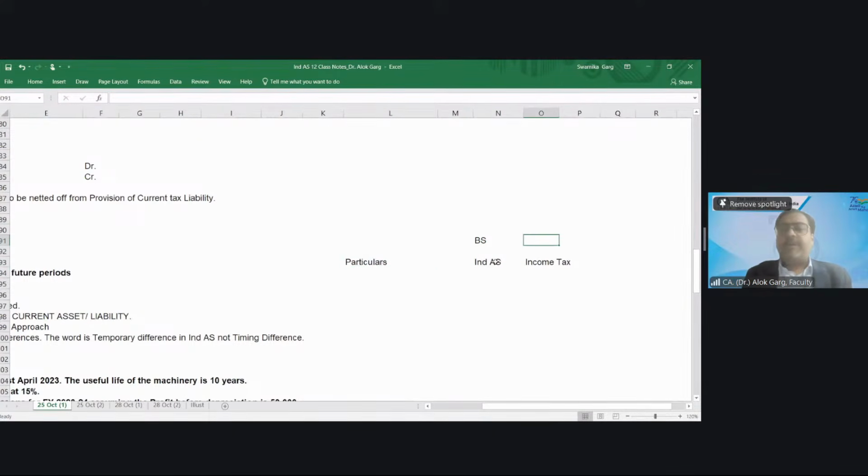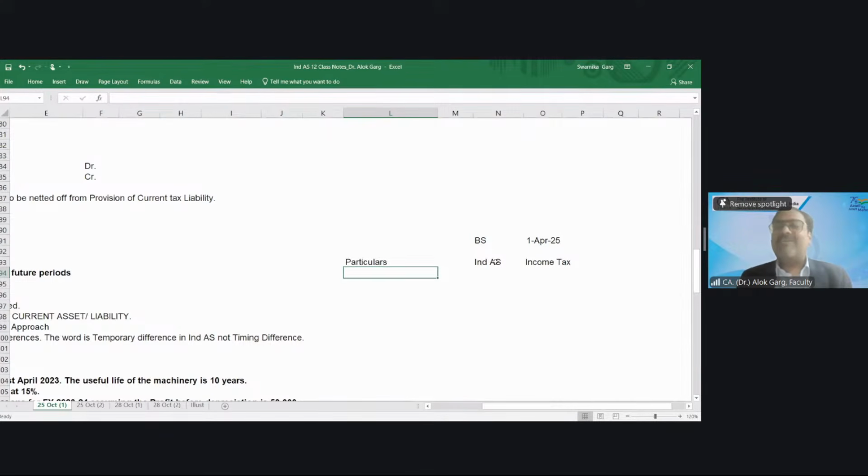I am preparing my balance sheet as on 1st April 2025, a one-day balance sheet. Can I prepare a one-day balance sheet? Yes, sir, why not? You can prepare an everyday balance sheet.